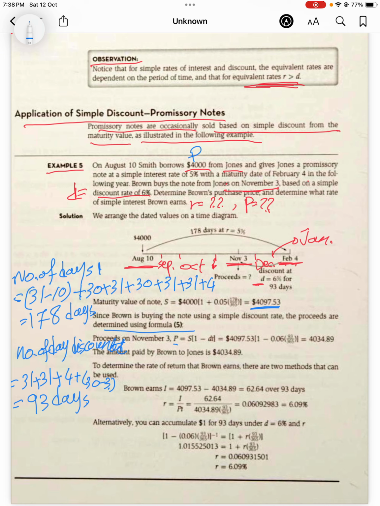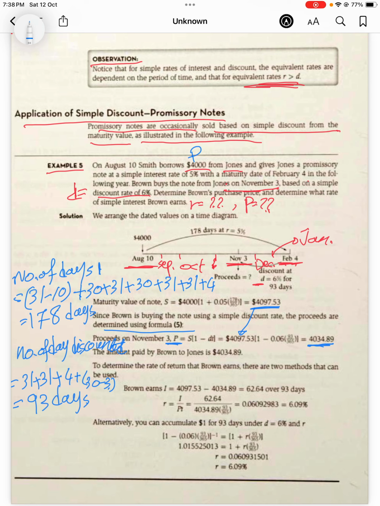Then the proceeds will be B equals S multiplied by 1 minus dt. Then substitute S: 1 minus 0.06 multiplied by 93 over 365, which is the discount period. It will be $434.89.